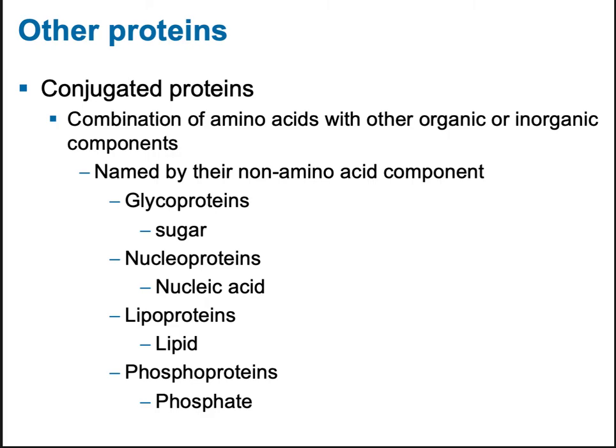Phosphoproteins may be important for the survival of bacteria, such as Legionella, that grow inside of a host cell. There's lots and lots of examples of proteins with one or more of these additional compounds added to them, and you'll see a chart of that in your book as well with some examples.